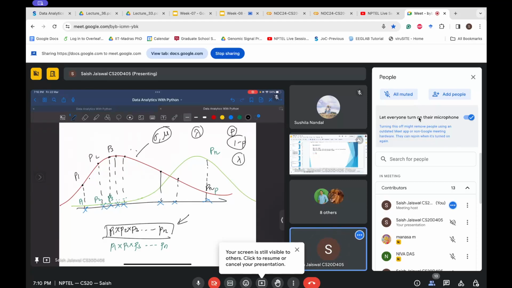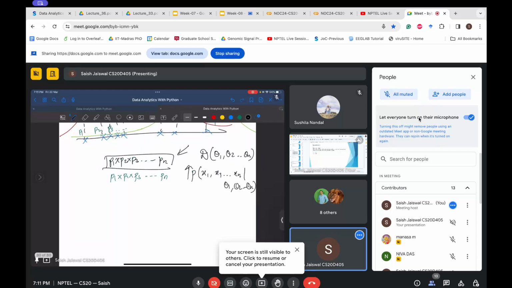So whatever distribution you have with parameters theta 1, theta 2 up to theta n, whatever unknown parameters, the probability of this x1, x2, x3 up to xn, given these distribution parameters, I want it to be maximum with respect to these data points, compared to any other distribution parameters theta 1 prime, theta 2 prime up to theta n prime.